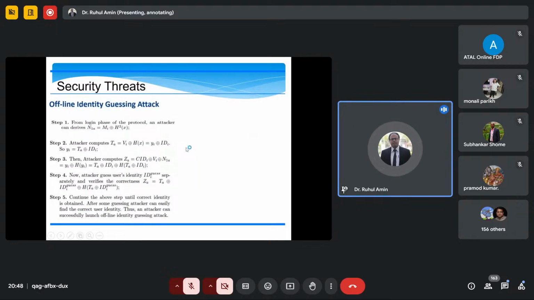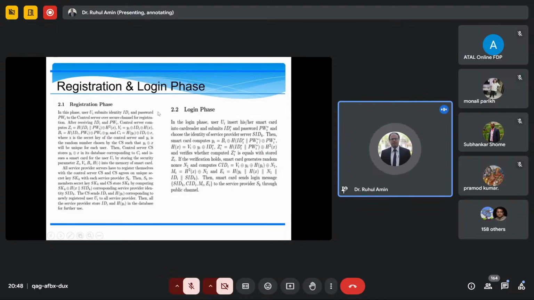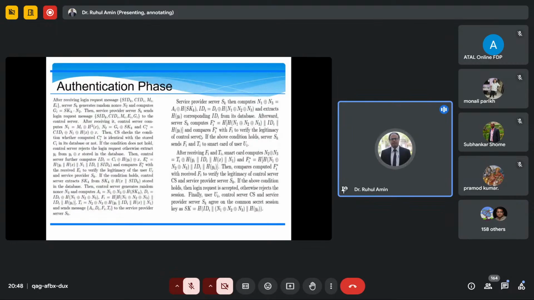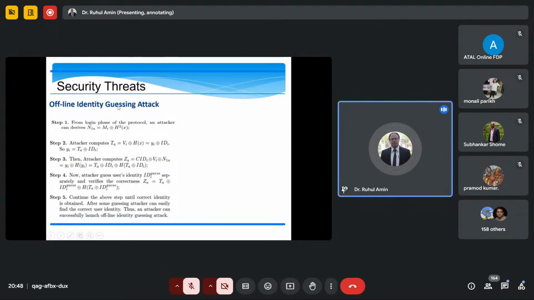Now the target is, for example, these are the security parameters and this is the security protocol that some researcher has designed, and the target is how the attacker can break the security system. Take, for example, the offline identity guessing attack. What is the target?